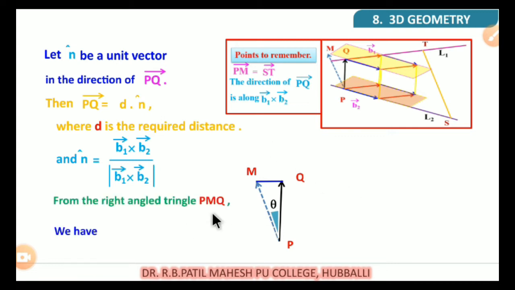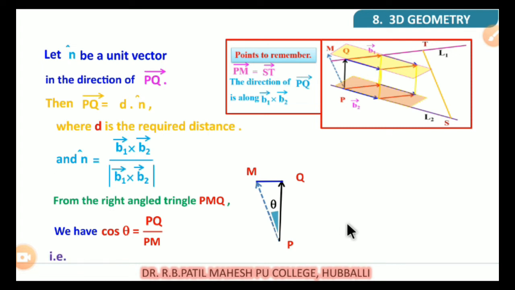From the right angle triangle PMQ, we have cos theta equal to adjacent side divided by hypotenuse. In this right angle triangle, the adjacent side is PQ, and the hypotenuse is PM.